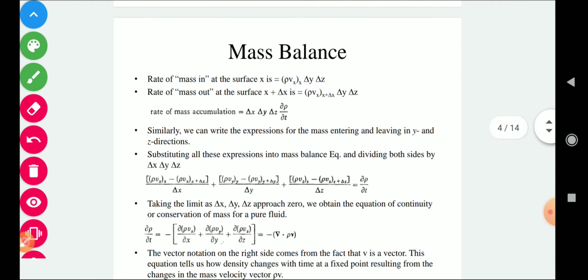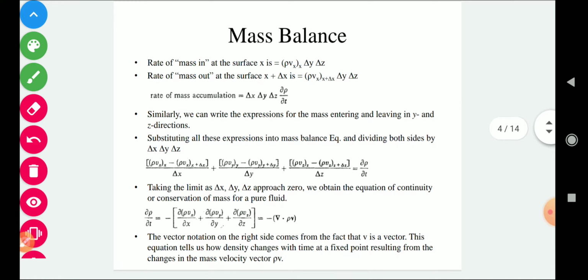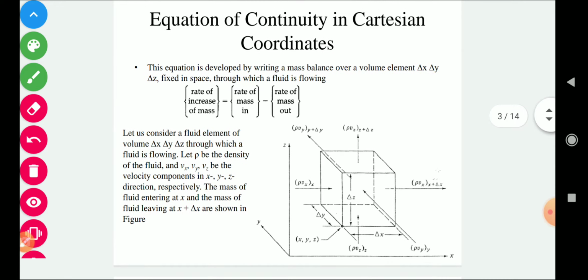Now, if we apply a mass balance on this controlled volume, then the rate of mass in at surface x is rho Vx delta y delta z. So the rate of mass in at x, it means at this face, is rho Vx.